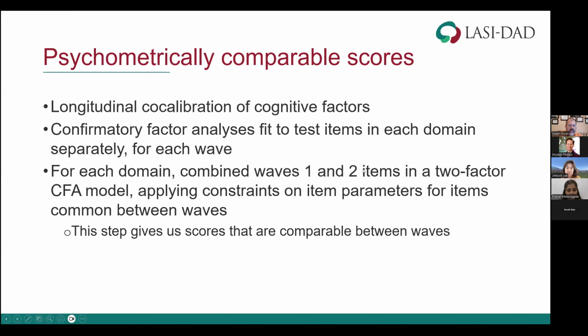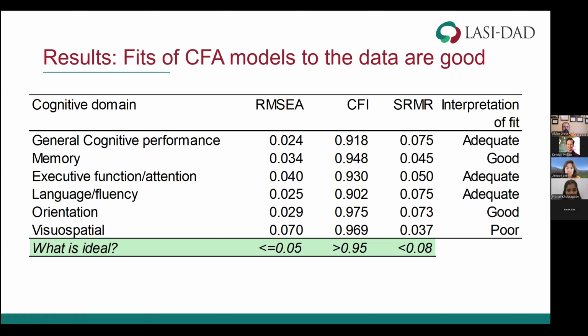And on this next slide, I'm showing fits of our parametric models, of our confirmatory factor analysis models, to the observed data. So the fits are really strong when you look at the root mean squared error of approximation, the comparative fit index, and the standardized root mean residual.